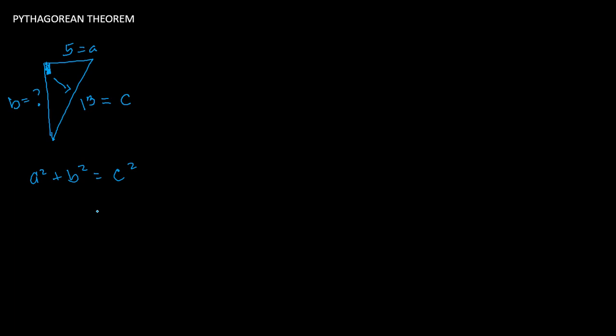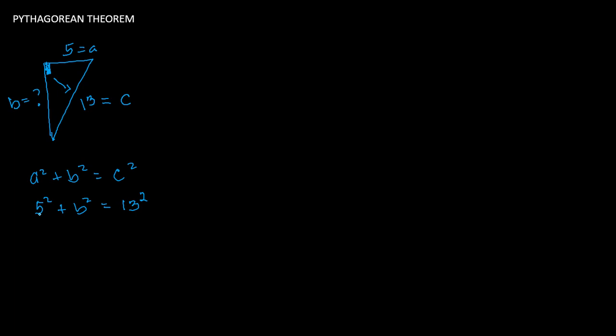We substitute the value of a, b, and c. A here is equal to 5, as we have assigned earlier. B is unknown, and c is actually equal to 13. So we have here 5 squared plus b squared is equal to 13 squared.